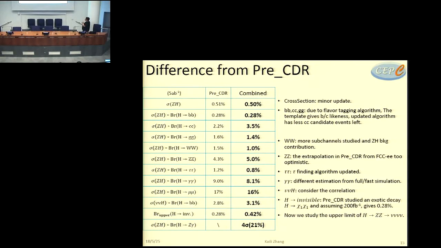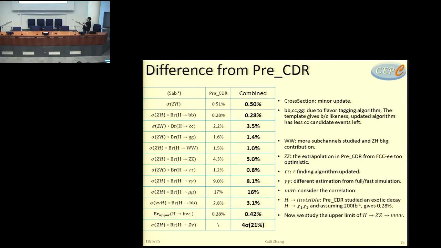And for the Higgs to invisible channel, I would explain that in the pre-CDR, we assumed an exotic decay, that is the Higgs to K1, and assuming the luminosity is 200 inverse femtobarn, this assumed study gave us a precision of about 0.28%.